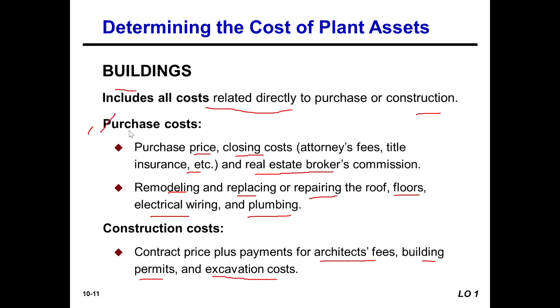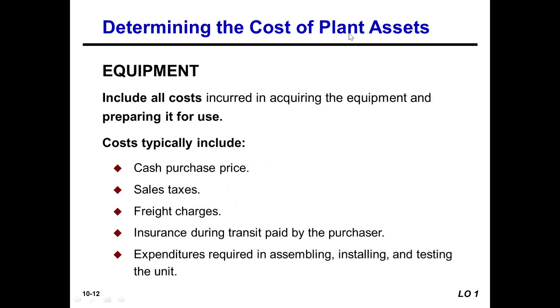When we purchase, at times we need to add these types of cost, and when we construct, we need to add these types of cost, and then we get the actual building cost or construction cost. Then equipment is also plant assets. Equipment includes all costs incurred in acquiring the equipment and preparing it for use.